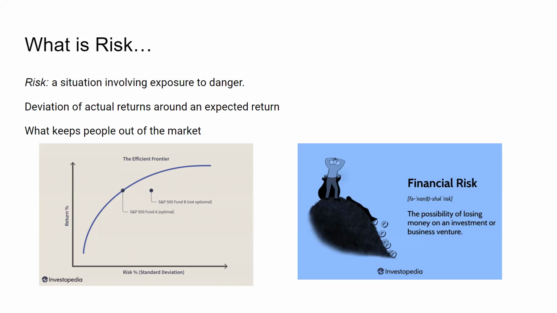You're expecting what you should be getting. But the actual return is typically going to be a lot different, and almost all the time it's not going to be your expected return. What you actually get could be better or it could be worse.